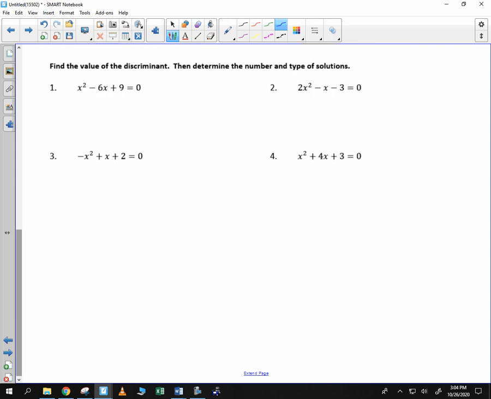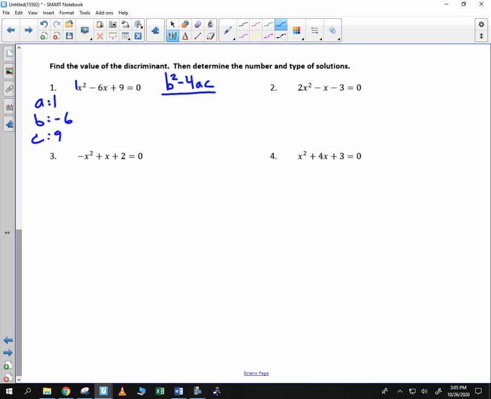Let's just find the value of the discriminant, then determine the number and type of solutions. So in this situation, we're just going to look at b squared minus 4ac. That's the part of the quadratic formula that's called the discriminant. A is 1, b is negative 6, and c is 9.